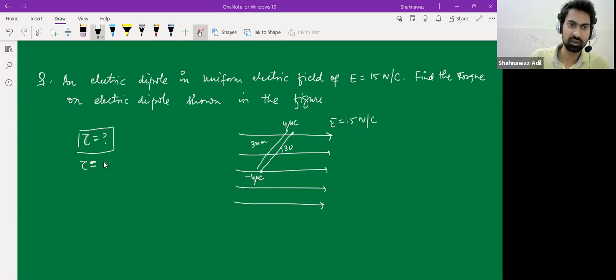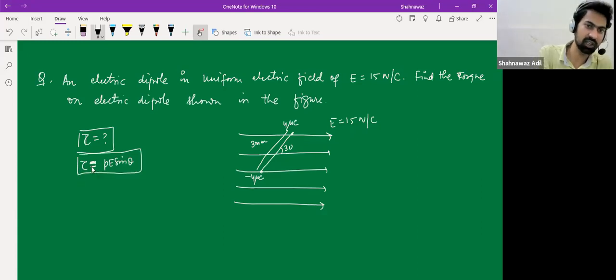Just tell me the formula that we just wrote. What did we derive? What was the formula for the torque on an electric dipole? Torque is equal to PE, and then you have sine theta, right? So you calculate P, E is given, and sine theta is also given. You calculate this and tell me the answer.